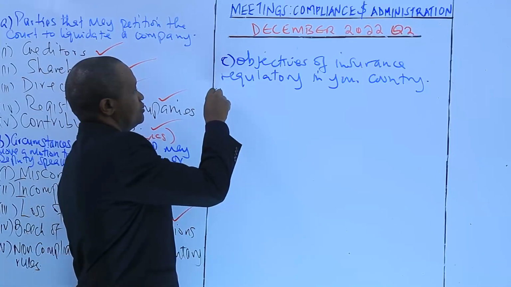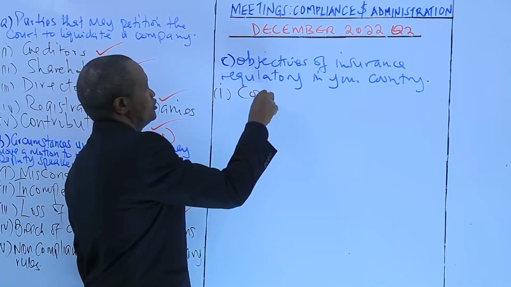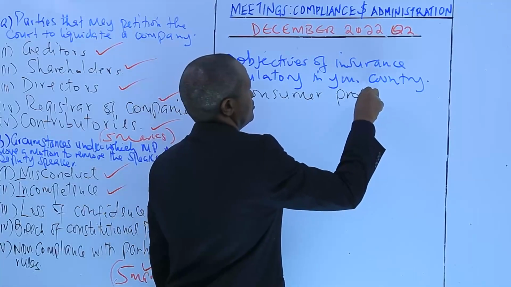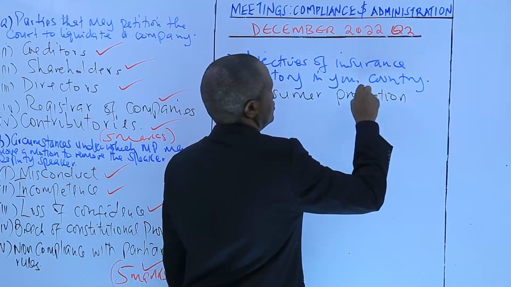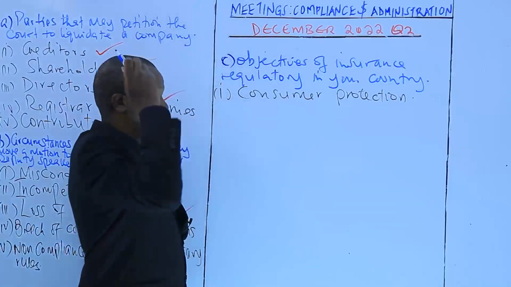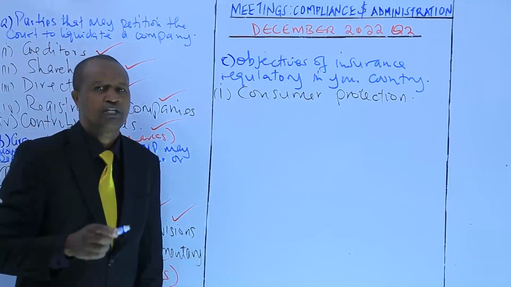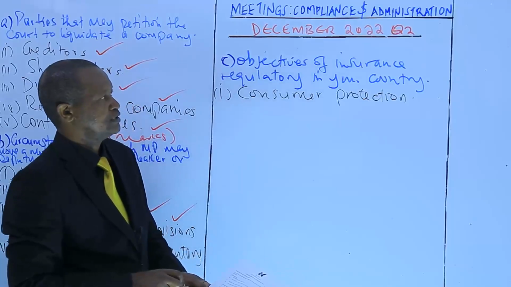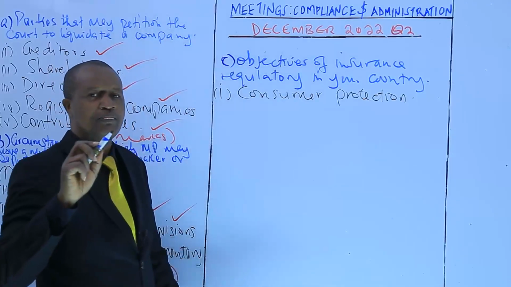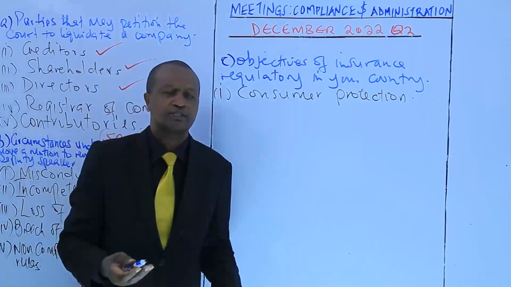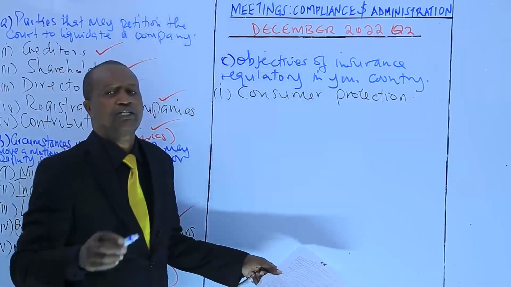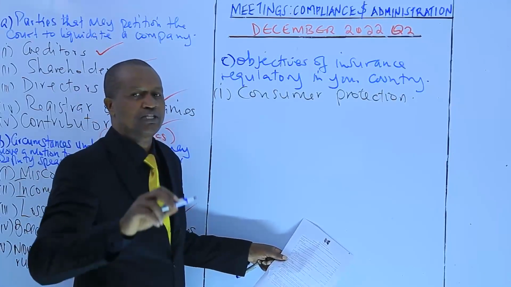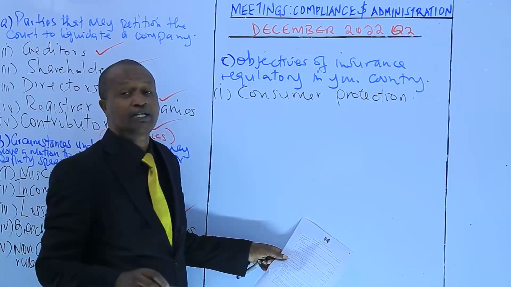1. Consumer protection. Insurance regulation aims to protect consumers by ensuring that insurance companies operate fairly, transparently, and in accordance with consumer rights.